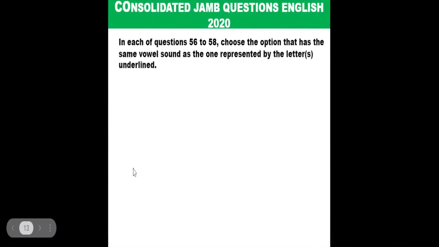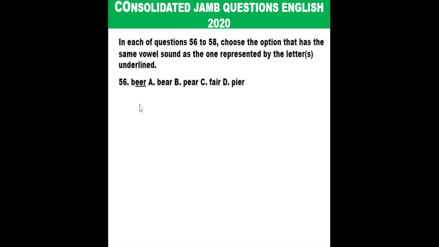This brings us to the JAMB questions for the year 2020. In each of questions 56 to 58, choose the option that has the same vowel sound as the one represented by the letter or letters underlined. Then we have 56 beer, and 57 touch.